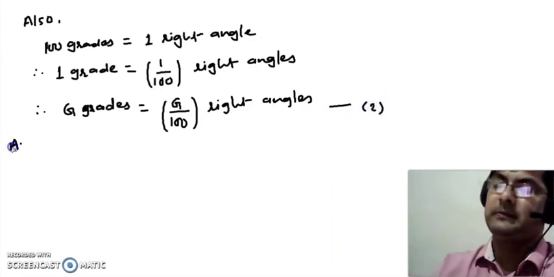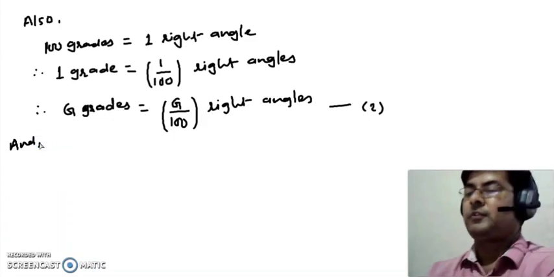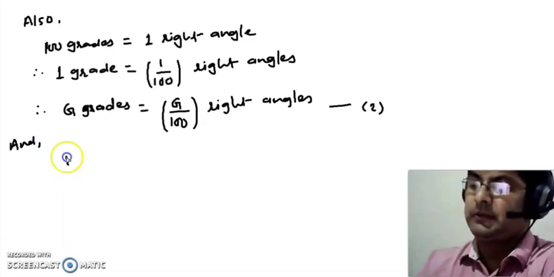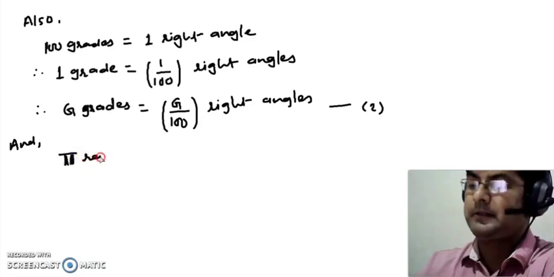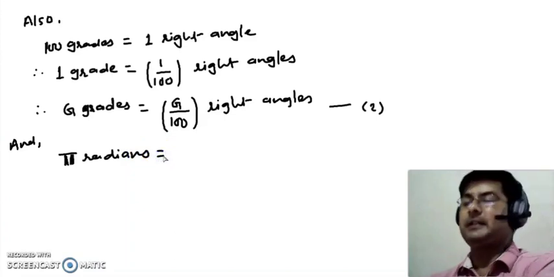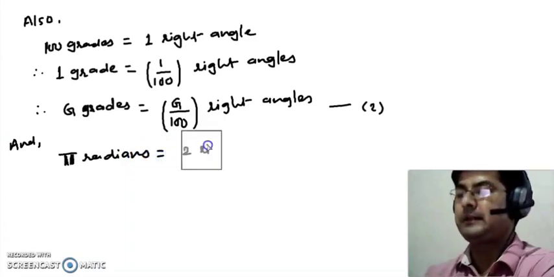Finally, we know that pi radians is equal to 180 degrees. That is equal to 2 right angles. Yes or no?